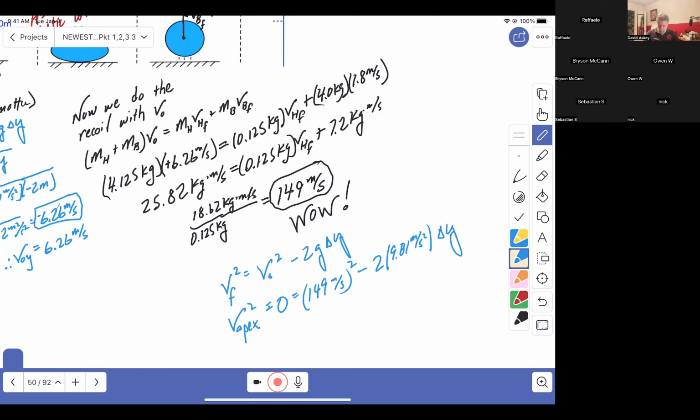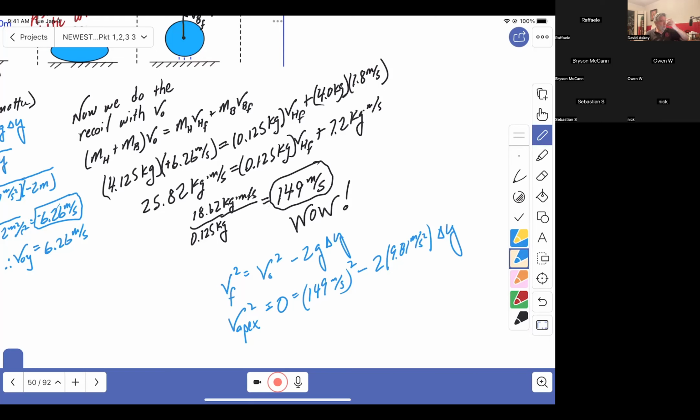So here we go. I bet it's pretty high. Now there's no air drag here, so it's a little artificially high, but that poor hamster. 149 squared divided by 19.6.